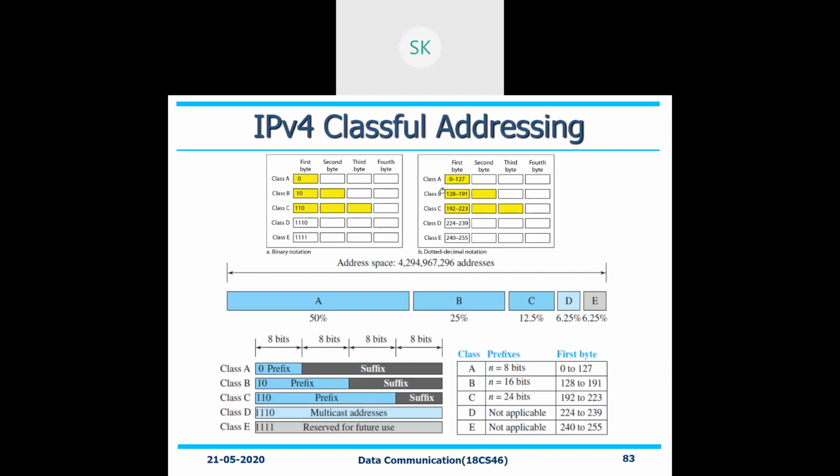So 224 to 239 will be reserved for your class D. 240 to 255 will be reserved for your class E. This is how it will be applied.